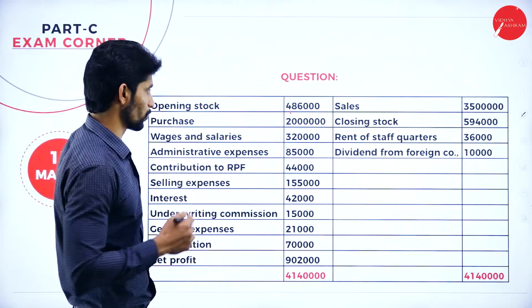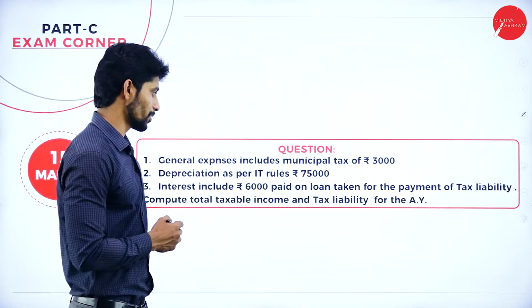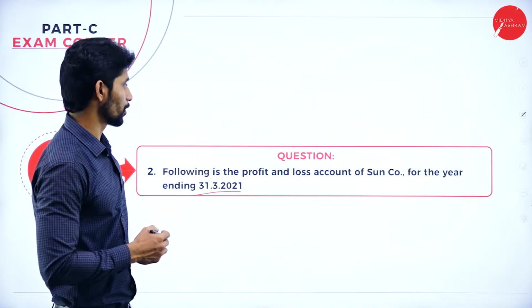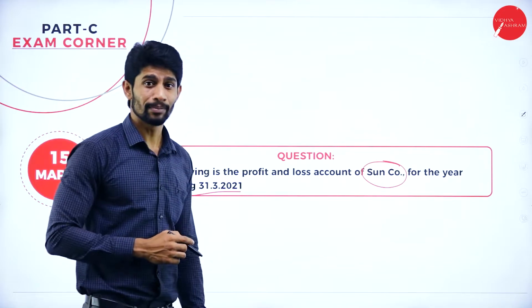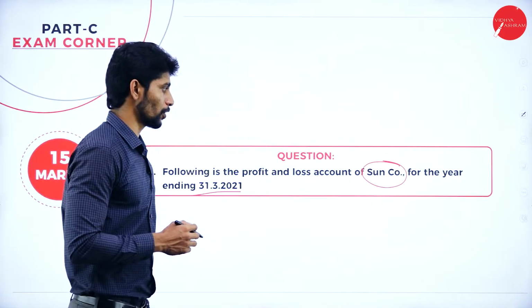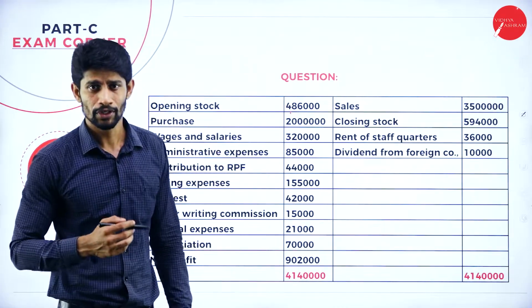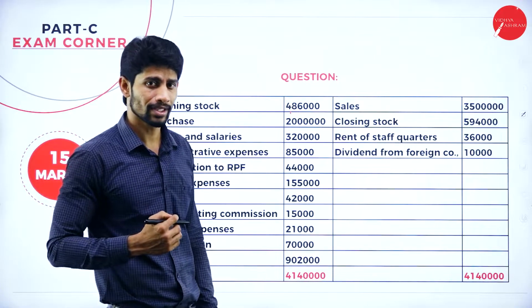So easily you can find out this all information is relating to what? So yes, all the information is relating to a particular company. So what is that company called? Sun Company Limited. Yes. So by using the profit and loss account given in this problem, you are supposed to find out the total income and the tax liability of Sun Company Limited.